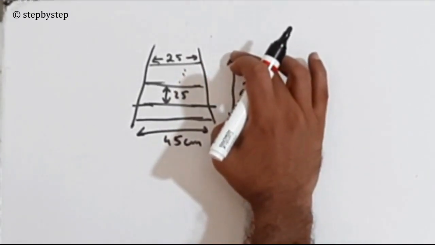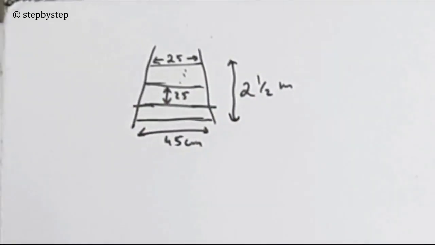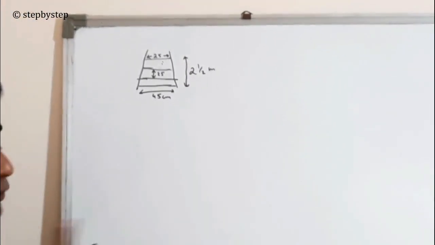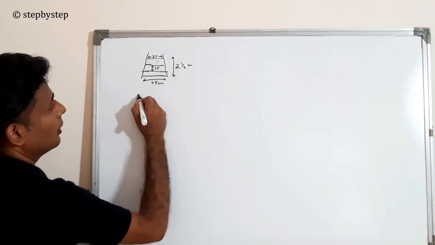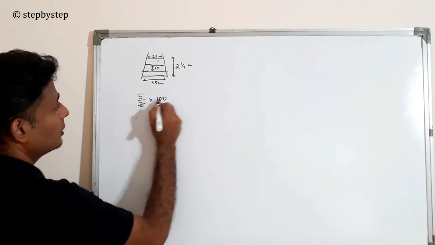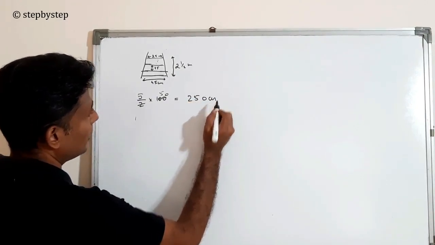Now they have given us the distance between first and last rung, and they have given us the distance between each rung. So the distance between first and last rung is 2.5 meters, that is 5 by 2 meters, which I'll convert into centimeters by multiplying by 100. So I get 250 centimeters.